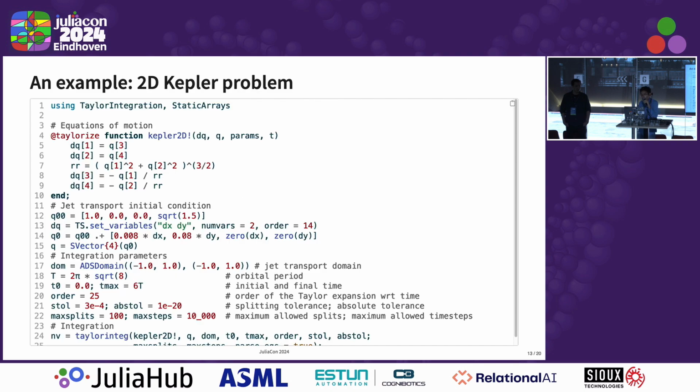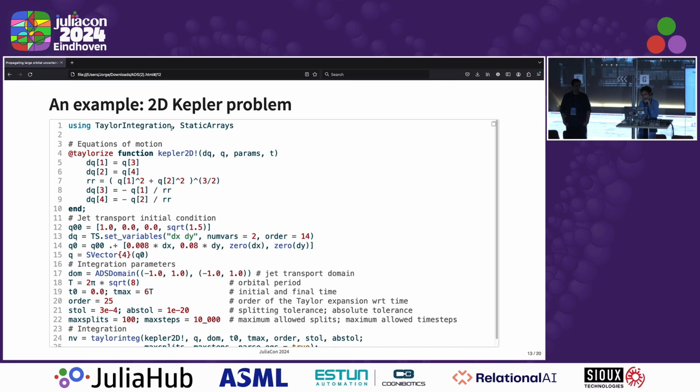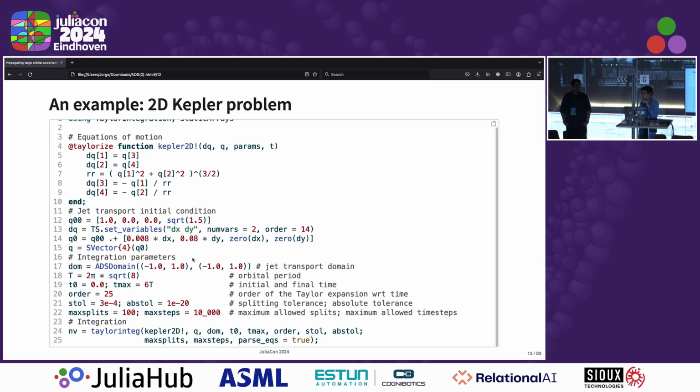So we've implemented ADS into Taylor integration, and the code that we would use to study the same Kepler problem is pretty much the same. There are only a few extra parameters. We have to specify the domain that we want to propagate. We also have to specify a tolerance, which is going to define the threshold when to split or not a polynomial. And we can also set a maximum number of splits, because we will see that this technique tends to produce too many splits that can become quite expensive.